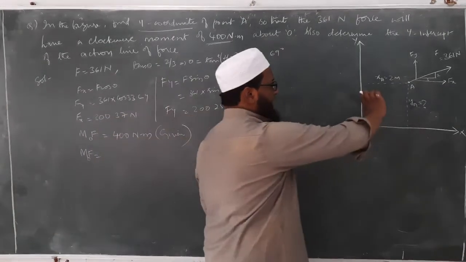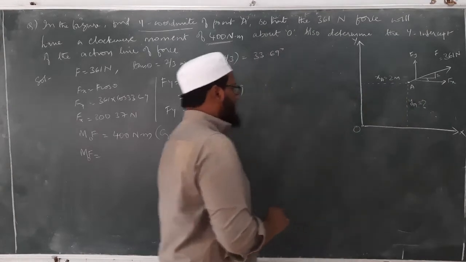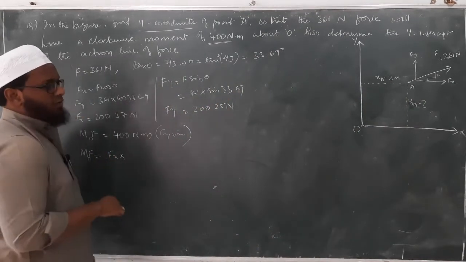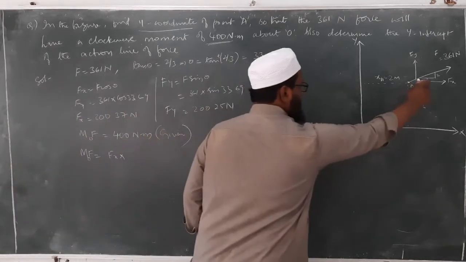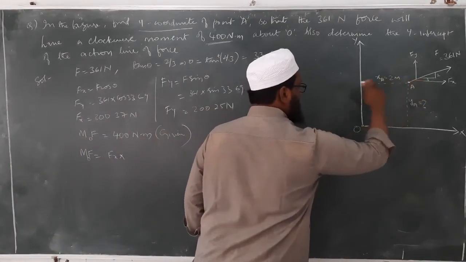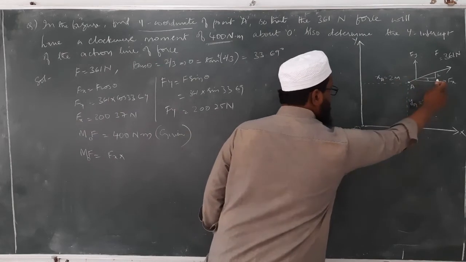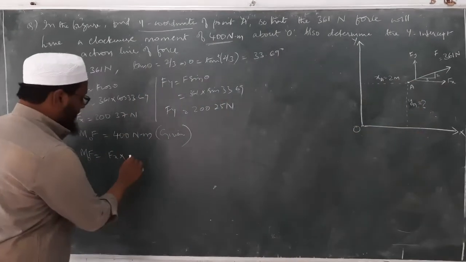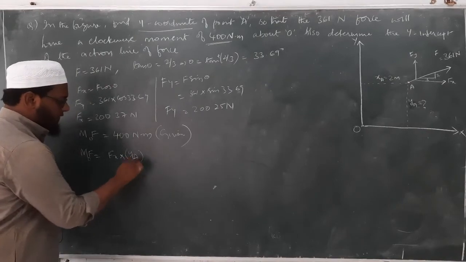See here, Fx is going in clockwise direction. So Fx, force into perpendicular distance. This is force. It is projecting from here, isn't it? Force into perpendicular distance is Ya. We don't know Ya.